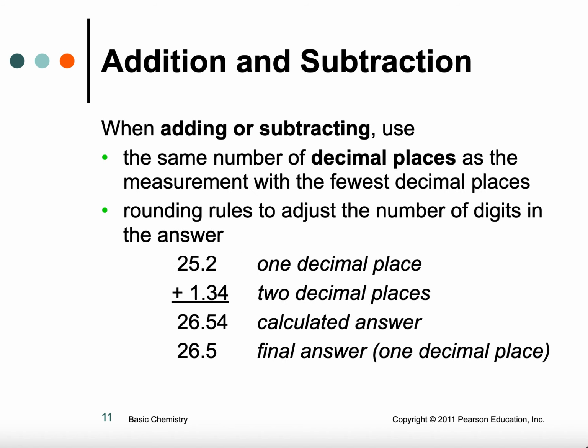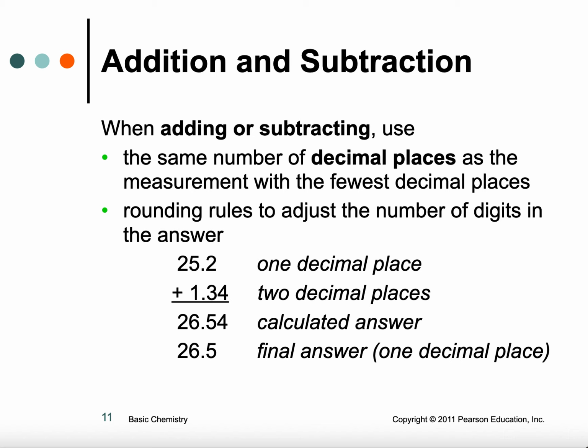All right. Adding and subtracting is a little harder because it's not the number of significant digits, it's where that significant digit is. It's the place value of the significance. All right. In fact, it's the least significant. So when adding or subtracting, use the same number of decimal places as the one with the fewest decimal places. All right, so let's look at this. 25.2 has 3 significant digits, but it goes to the tenths place.